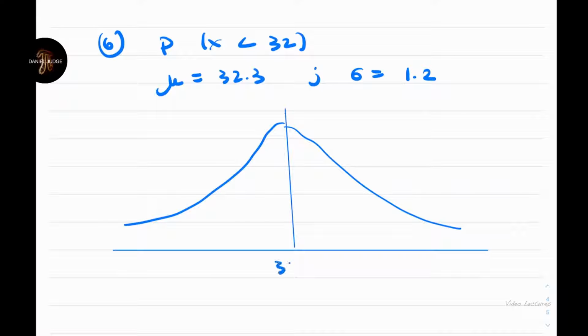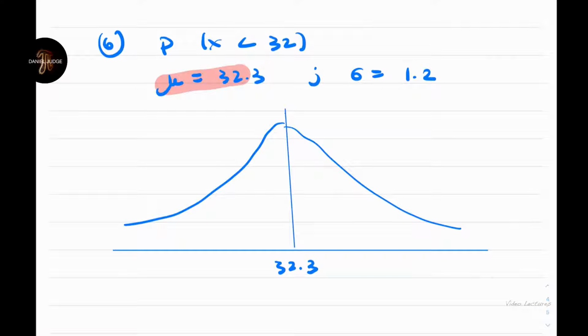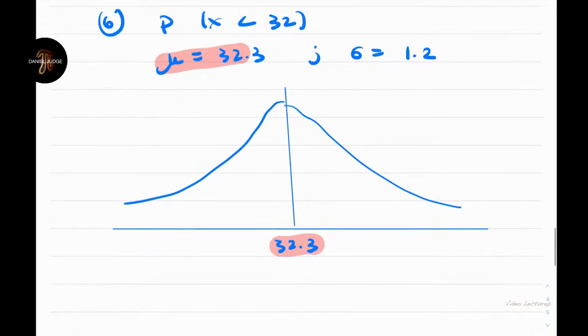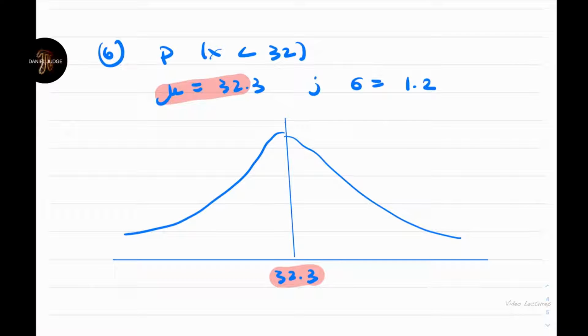The mean goes in the center, right in here. So for a picture of the question, what's the probability that the volume is less than 32? 32 in relation to 32.3 is to the left, because smaller numbers are to the left. And if you like, you can put 32.0 so you can see this. Again, smaller numbers are to the left.